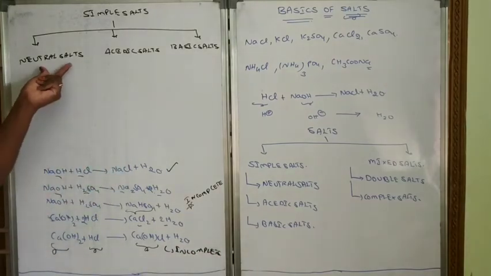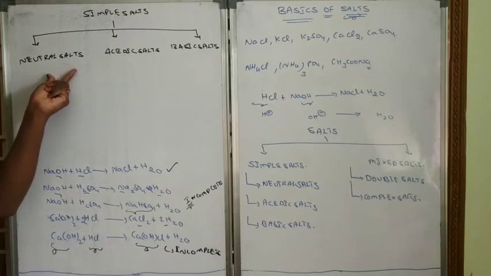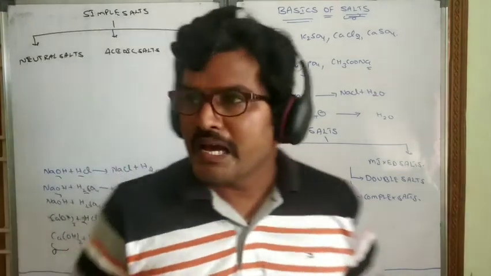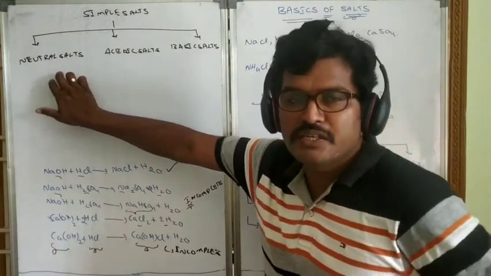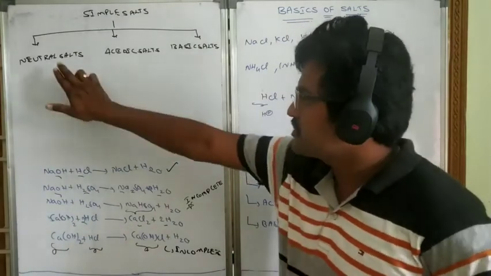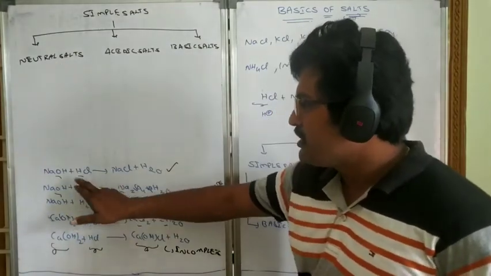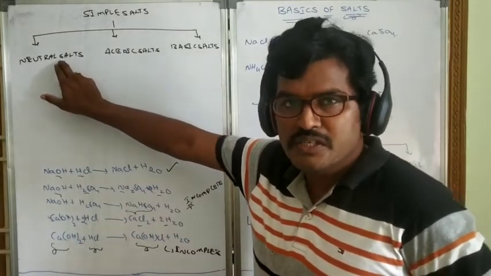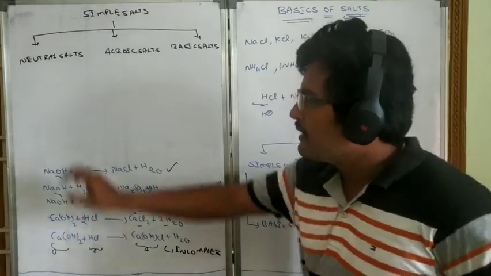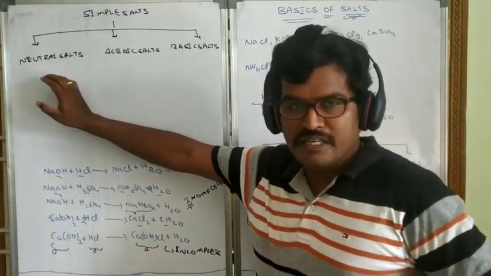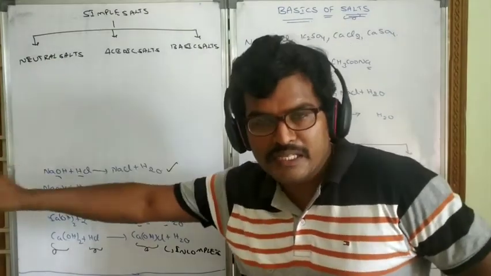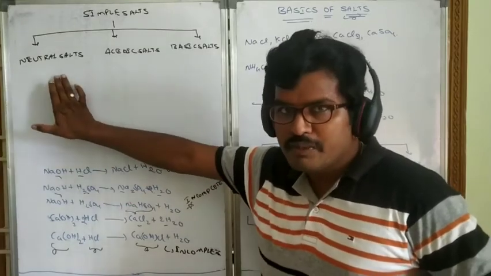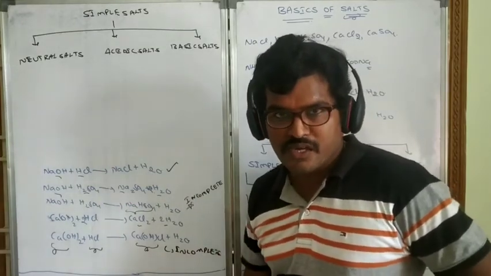Salts which are formed by complete neutralization reaction between acid and base are known as the neutral salts, and they will be neutral in nature, meaning they will not be donating any proton or any OH minus ion.